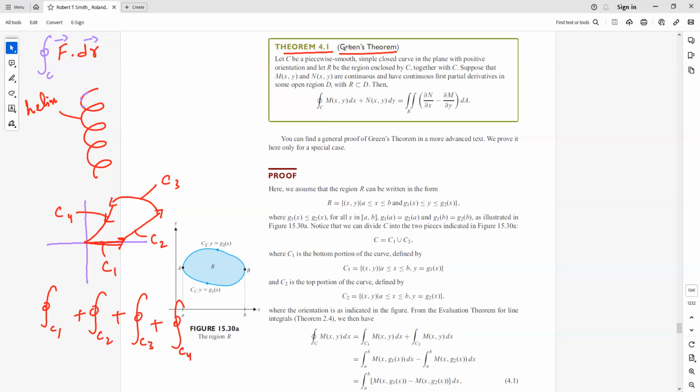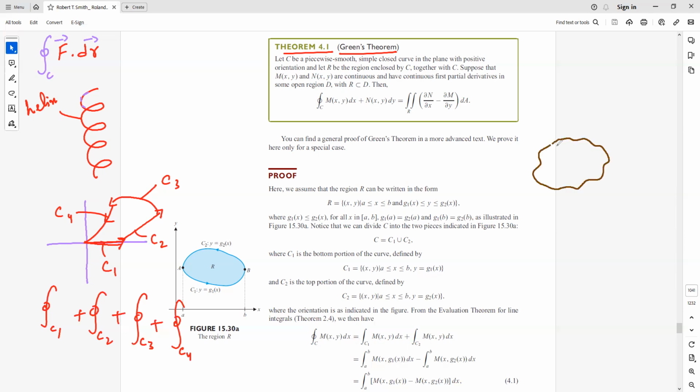But Green's theorem makes it much easier to compute this line integral, because it says that if we have a vector field along this curve C, for instance, let us take an arbitrary simple closed curve.